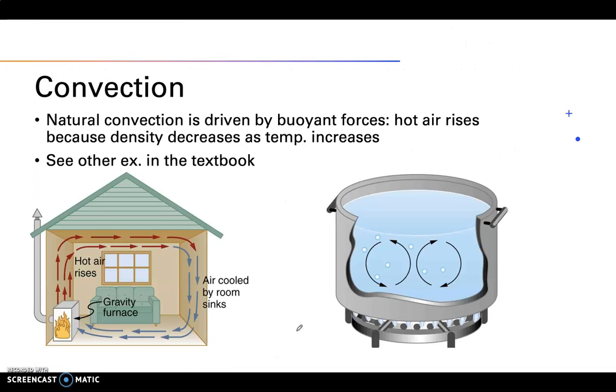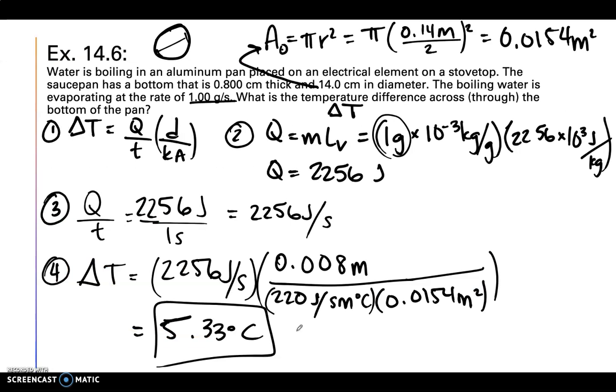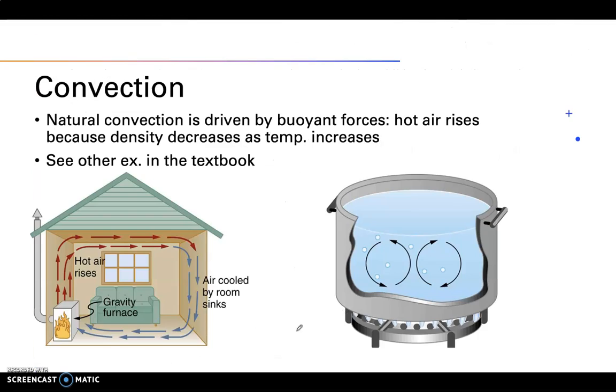All right. Now we can start talking about convection. Remember, we were just talking about conduction. That is one substance touching another substance or material. But convection is a little different. This is driven by buoyant forces, such as hot air rises because the density decreases as temperature increases.